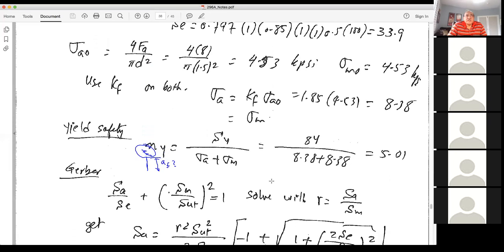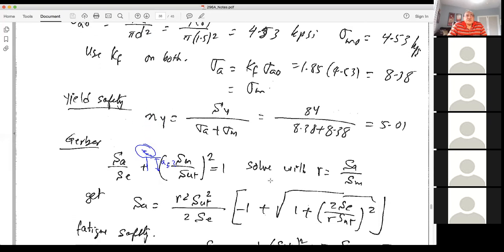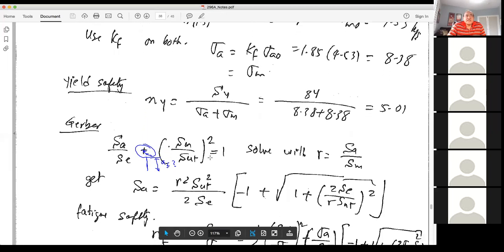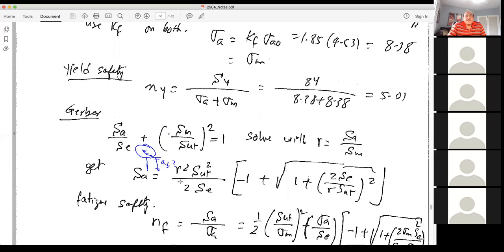and therefore, if we're looking for Gerber, then we have to solve a parabola with a straight line. So the straight line R equals SA over SM, and the parabola is given here. This solution, you don't have to do it even, because you can solve it by yourself. You can put this into here and solve a quadratic equation, but it's given to us in the book. So the book has a table that has the solutions already.